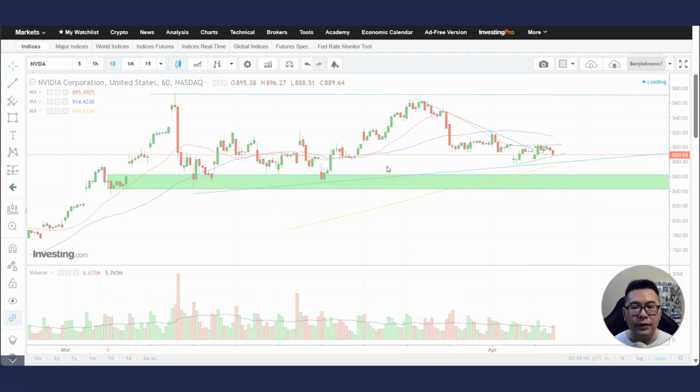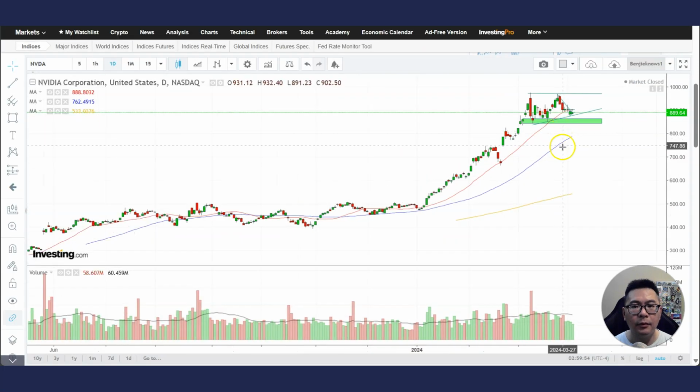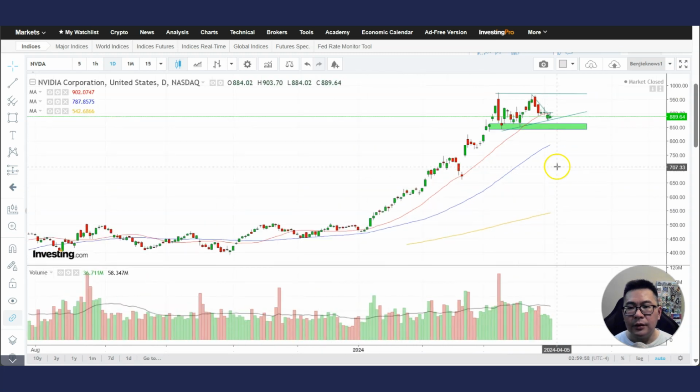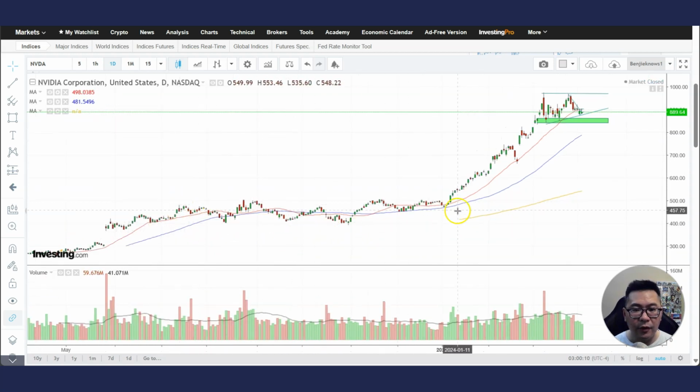Let's go back to the daily chart. Alright, so for this stock, I wouldn't say the uptrend has ended. We are still in a consolidation phase, and hopefully another base forms. This is where a large base formed in Nvidia.